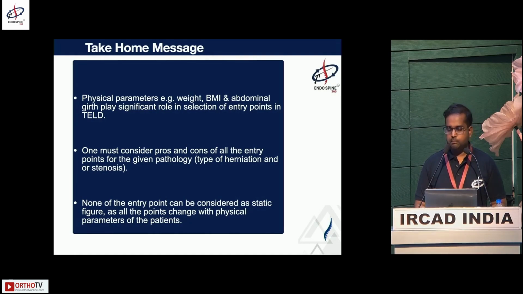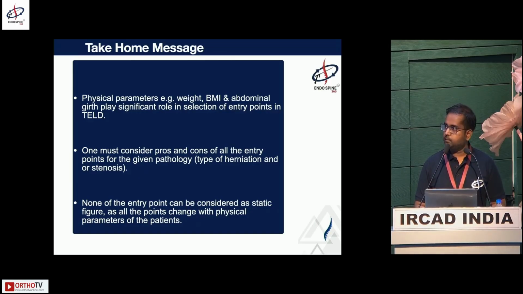So the take home message I want to give is that physical parameters play a significant role in the selection of entry point. Therefore, for the first few cases we should know all the entry points, how to mark these, and also the pros and cons of all the entry points. For the higher lumbar pathologies, 45-45 and posterolateral entries are more important.